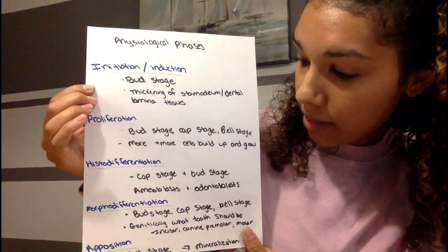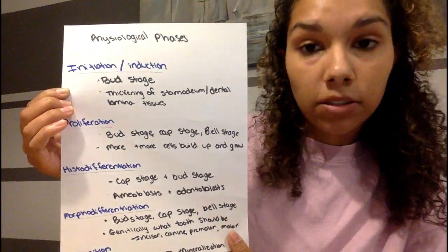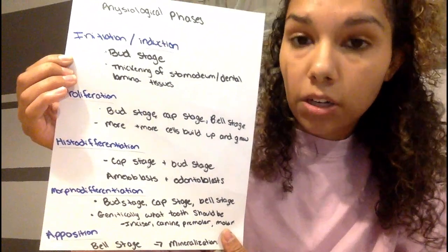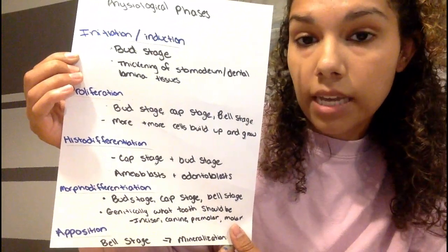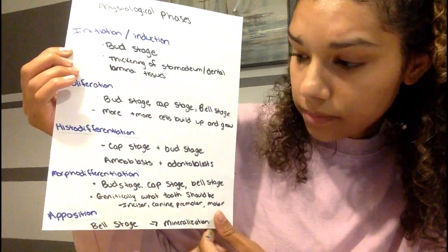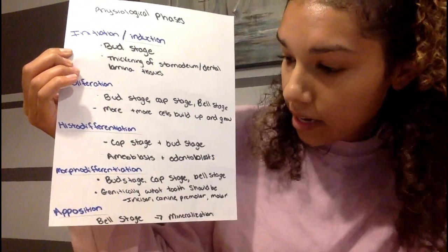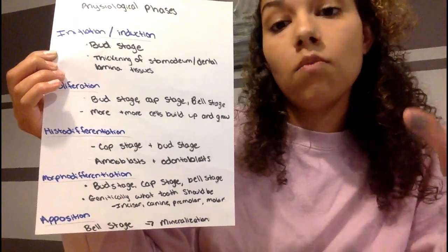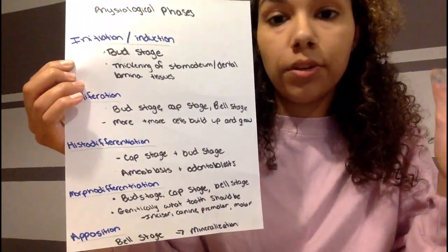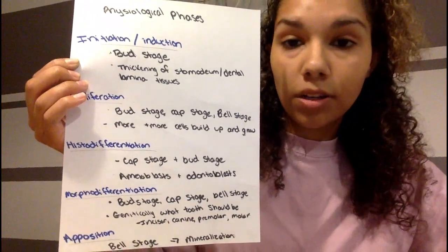Histodifferentiation is within the cap stage and the bud stage, and that's when those specialized cells appear, which are our ameloblasts and odontoblasts, the enamel cells and the dentin cells. Morphodifferentiation is in the bud stage, cap stage, and bell stage, so all of it, and that is just genetically what the tooth is meant to be. You're morphing into a canine, an incisor, a premolar or a molar.